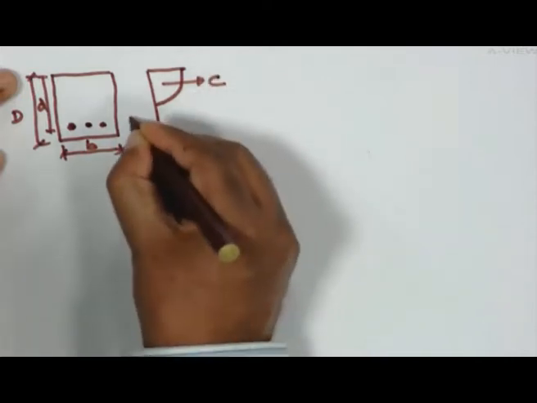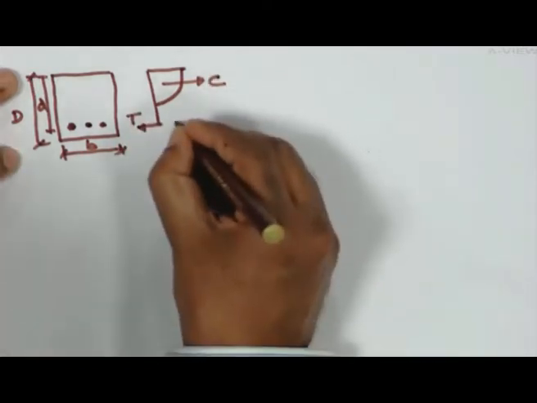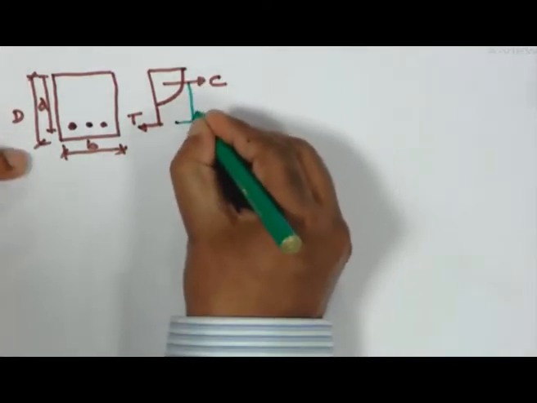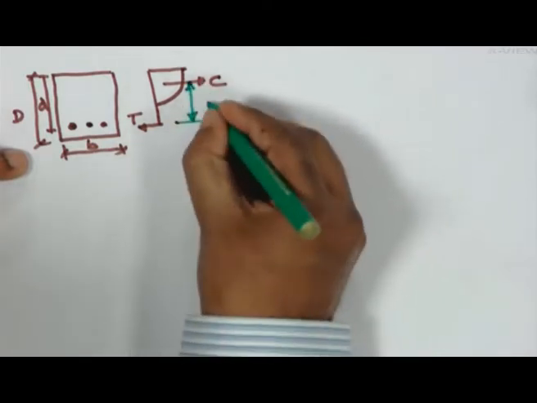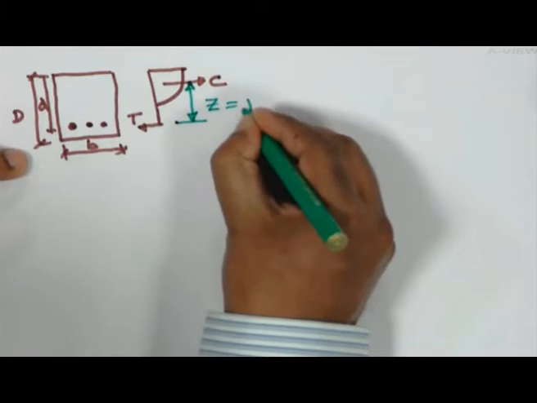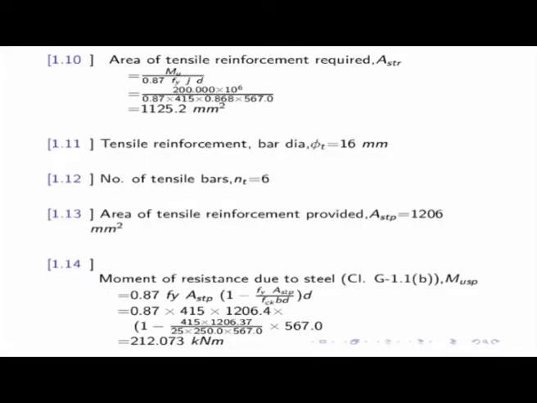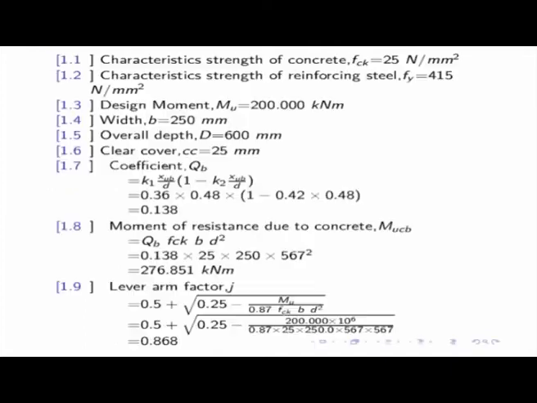So this is C and T, whatever we discussed yesterday. And this one is your Z, which is nothing but J d. So this J I have to calculate, based on the equation and derivation we did. Very simple formula, just remember this one: J equal to 0.5 plus root over 0.25 minus Mu by 0.87 fck b d square.